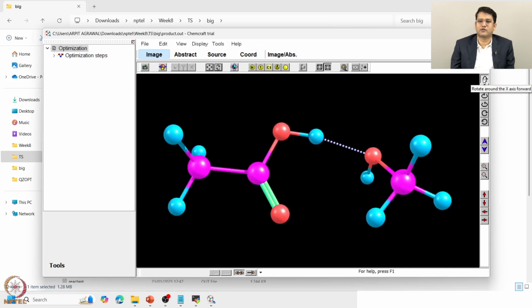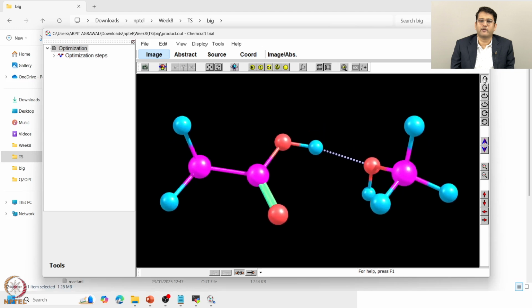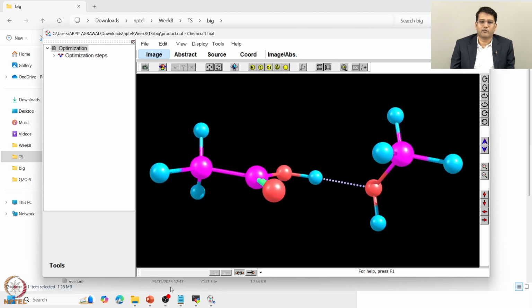The product structure at least looks fine, it's properly hydrogen bonded. So my reactant and product are ready.